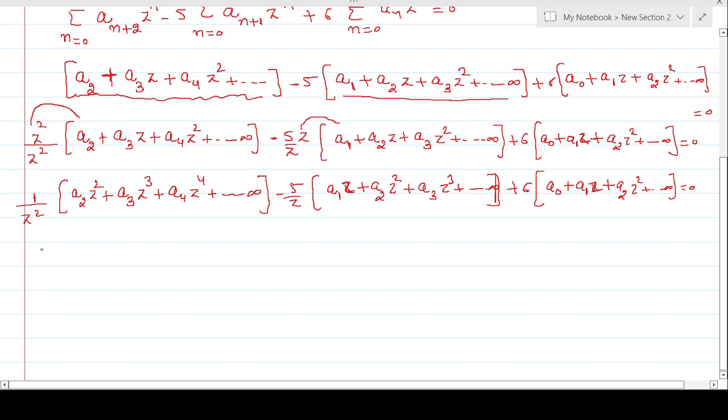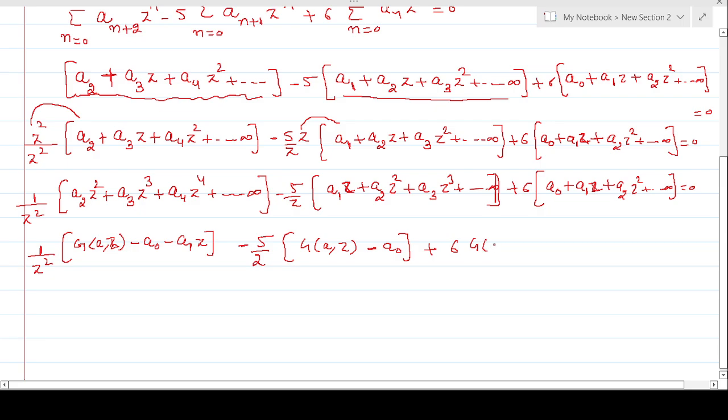Okay, so now this can be written in terms of the generating function. So this is g(z) minus A0 minus A1z, minus 5 by z times g(z) minus A0, plus 6 times g(z) equal to 0.